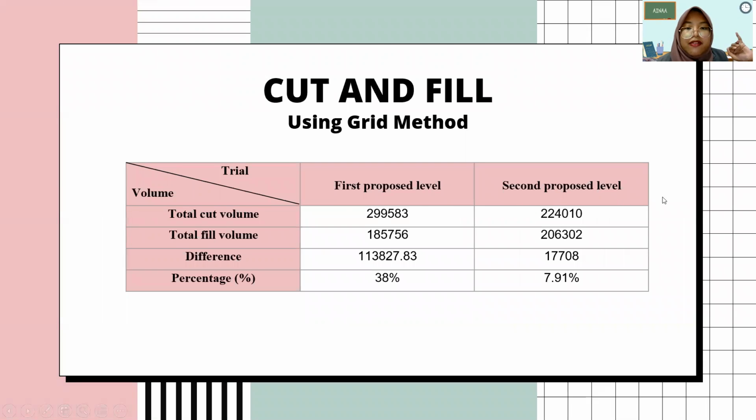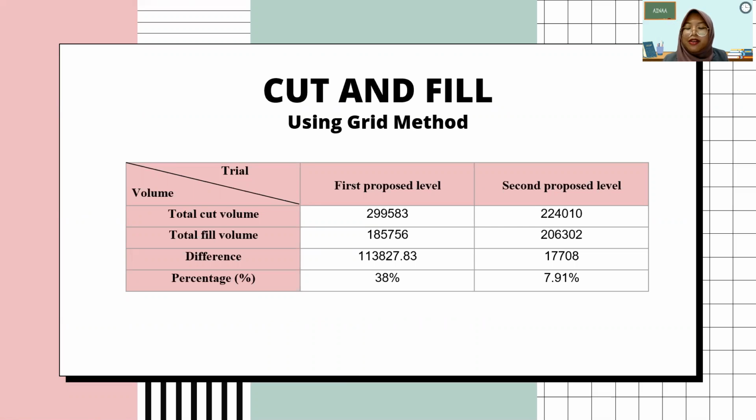So this is cut and fill using grid method. For the first purpose level, the difference between total cut and fill volume is 113,827.83 meter cube with a percentage difference of 38%.